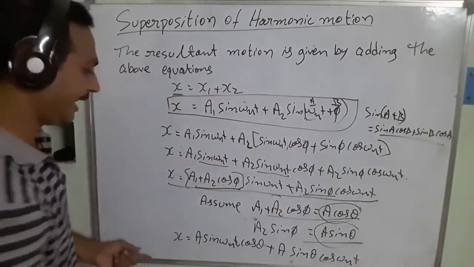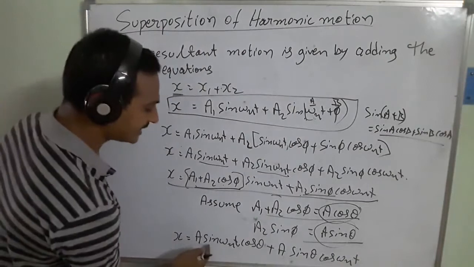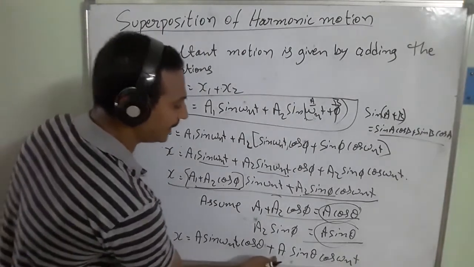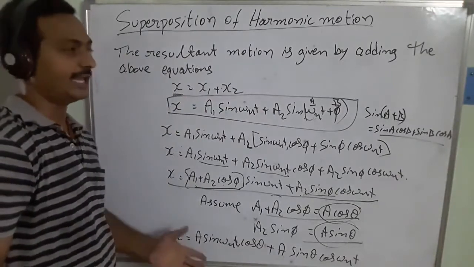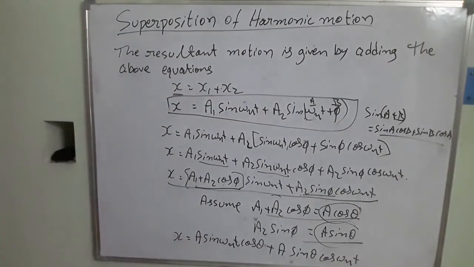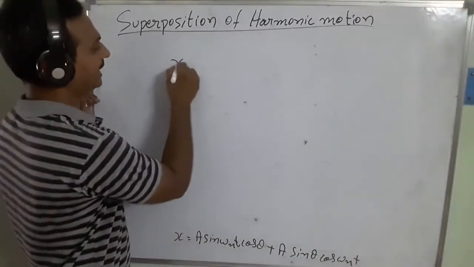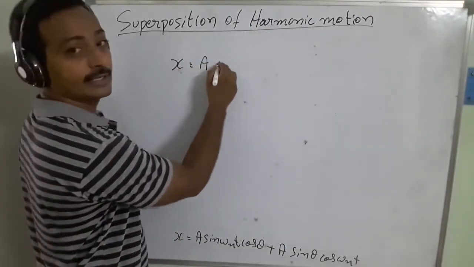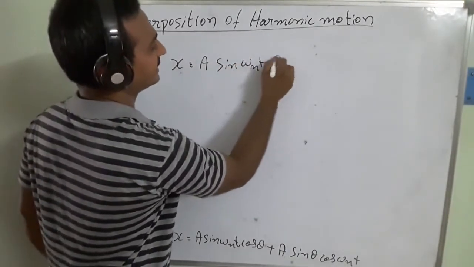If I take A as common, then what will happen? sin ωnt cos θ plus sin θ cos ωnt. So this is the formula, just like sin(A+B). So I am going to write here x is equal to A sin(ωnt plus θ).